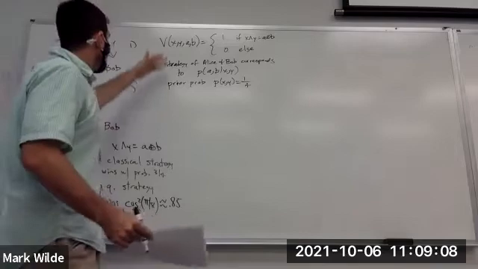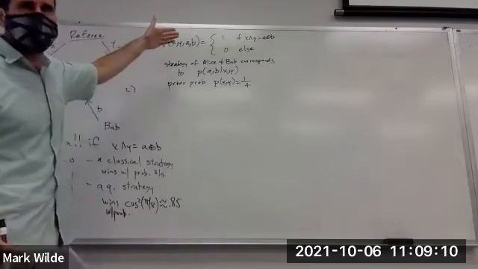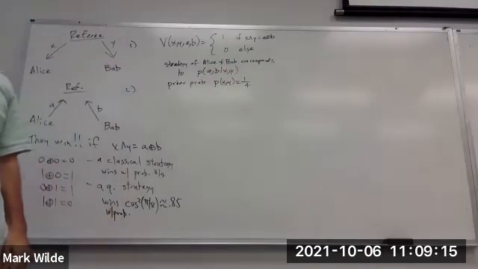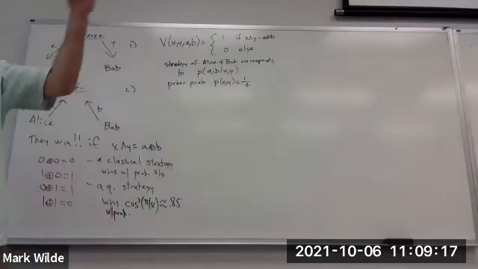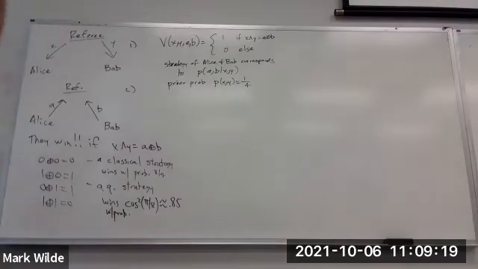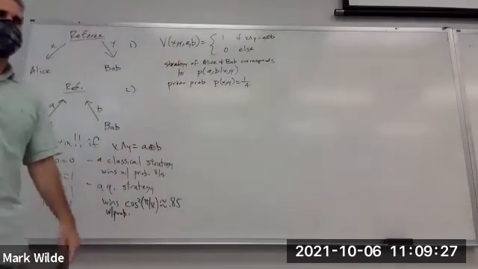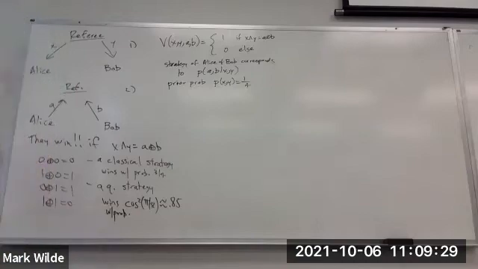It's just the expectation of the indicator function with respect to this joint distribution. It's a sum of all the probabilities in the cases that they win, and the 1 picks out the probabilities where they're winning, and the 0 discounts the ones where they're not winning.